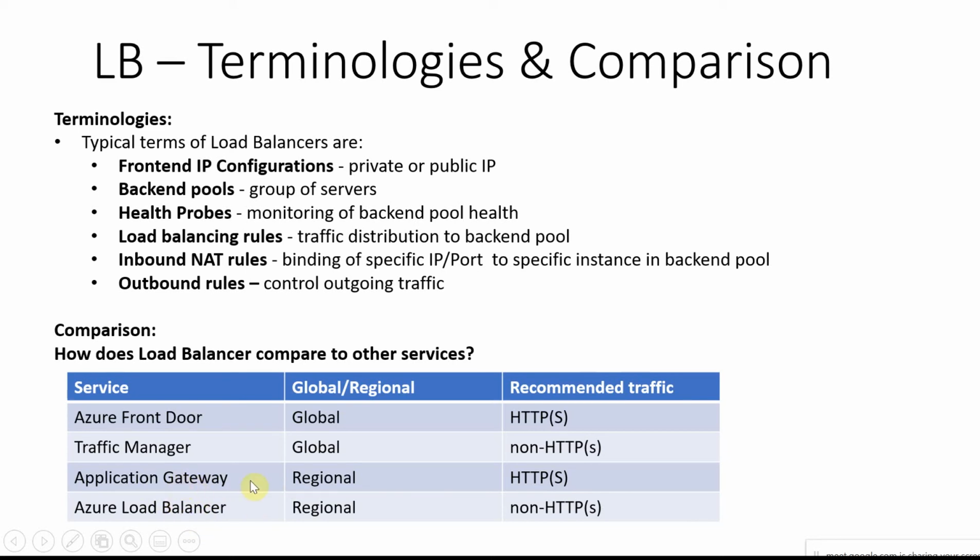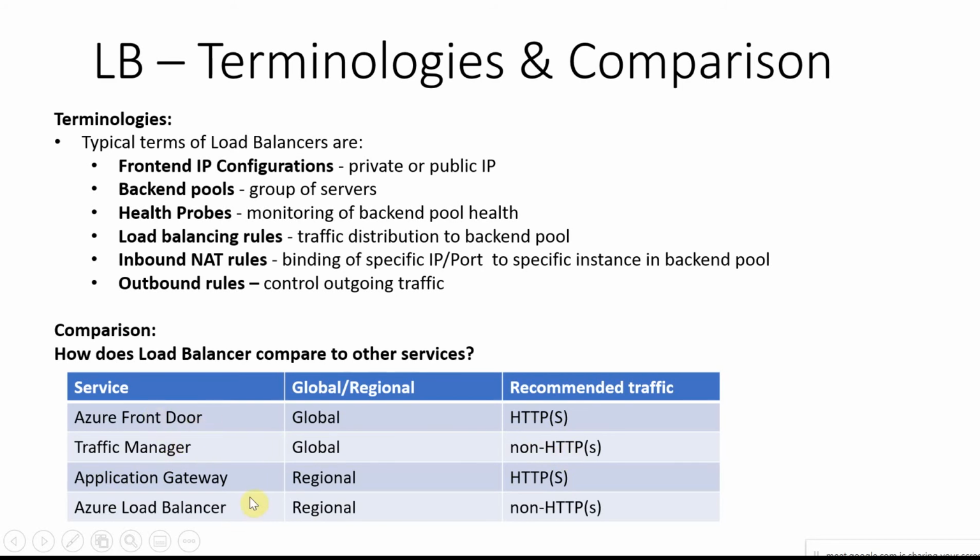If you look at Route 53, it is a global product which supports both HTTPS and non-HTTPS, so this is also clubbed. But in Azure they split this into two: Front Door, which takes care of HTTP and HTTPS, and Traffic Manager, which is for non-HTTPS.